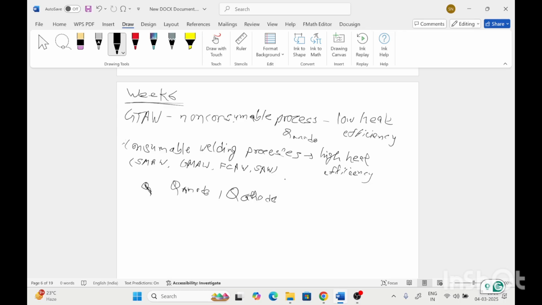While the consumable welding processes have the total heat as Q anode plus Q cathode. Because of this addition, the heat available for the welding process is higher in consumable welding processes. That's why it has high heat efficiency.